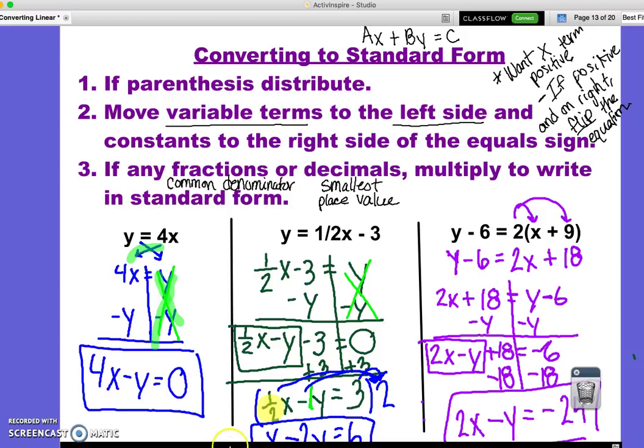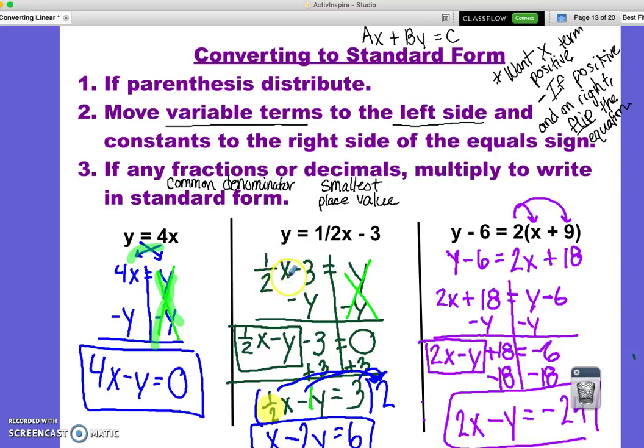Okay, my next one is a little more complicated. First thing I want to do is just flip it. So I'm going to write 1/2 x minus 3 on this side and then y on this side. Again, I want to get my variable terms to the left side, so I'm going to subtract this y away to get it to become 0.